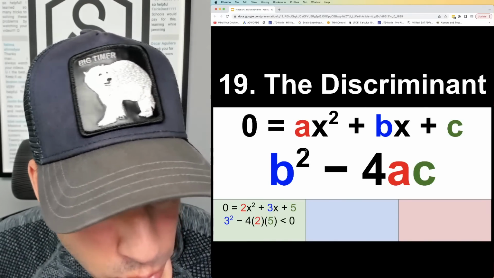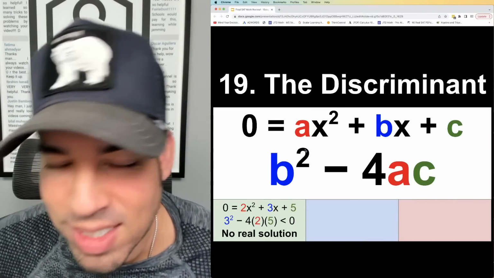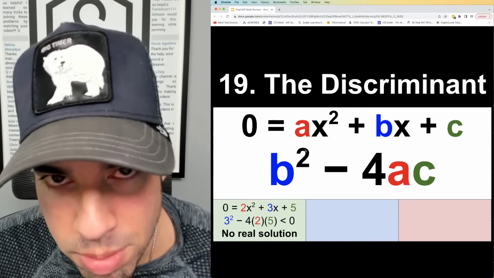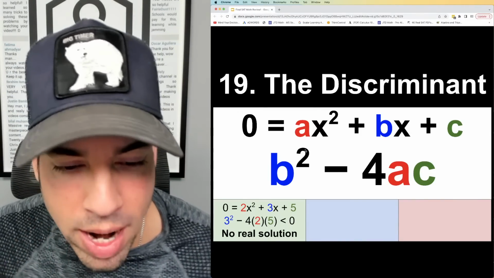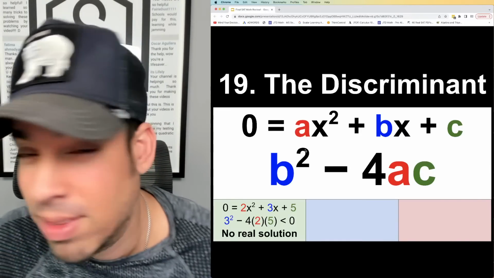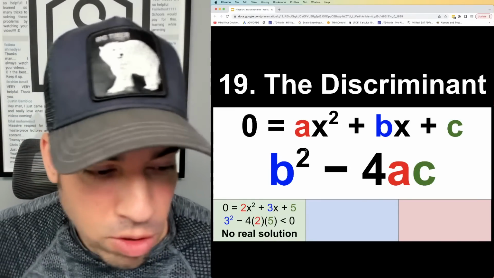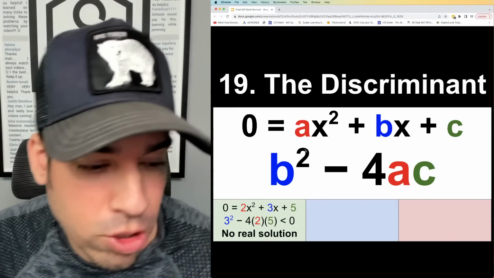It would be negative 31. That's negative, which means we've got no real solutions. Again, this is logical because if that's under the radical in the quadratic formula, that's going to be the square root of a negative. That does not exist in the real number realm. Therefore, no real solution.